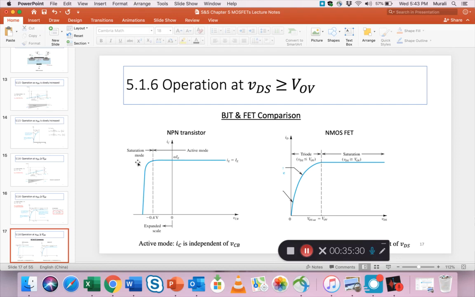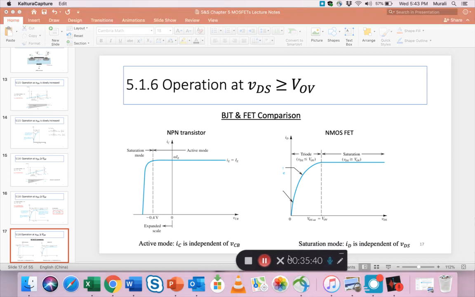You'll be surprised to see that this definition of saturation is pretty opposite. Well, the definition is kind of similar because something stops growing, right? In this case, we say IC stops increasing even as you keep changing VCB in an NPN transistor.